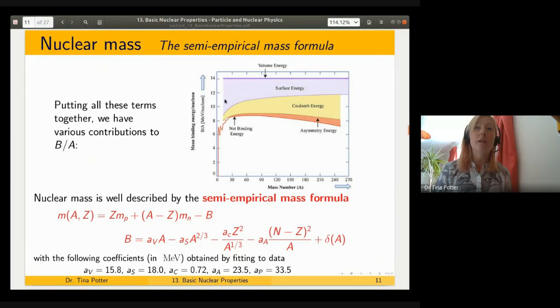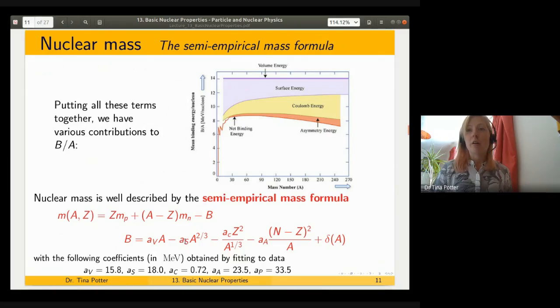And because the very low mass nuclei down here have a larger surface area to volume ratio, this makes a more significant difference here. Then we're going to subtract a term for the Coulomb energy, this part in yellow here, and that's going to have a larger impact on the higher mass nuclei because they have more protons. And then we're going to subtract a part for the asymmetry energy, i.e. how far away they are from even numbers of protons and neutrons.